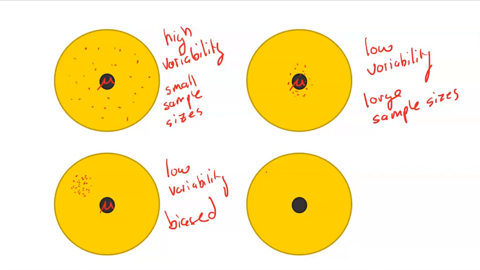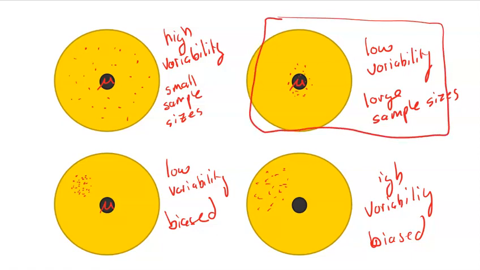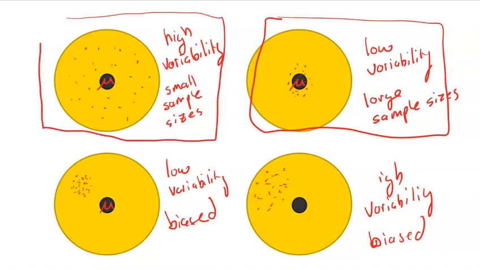Or if you really want a terrible result, this would be terrible, right? This is going to have high variability, and it's going to be biased. That is the absolute worst, right? So what we're aiming for is this: no bias, which means our estimates are really close to the truth, and low variability. Now, this one right here would be like second place.